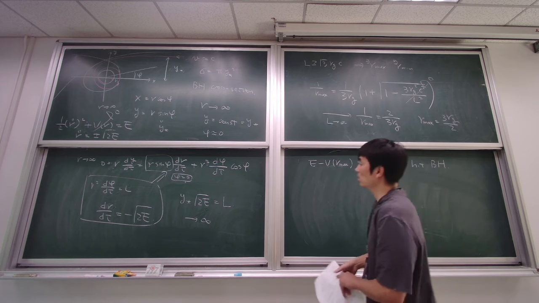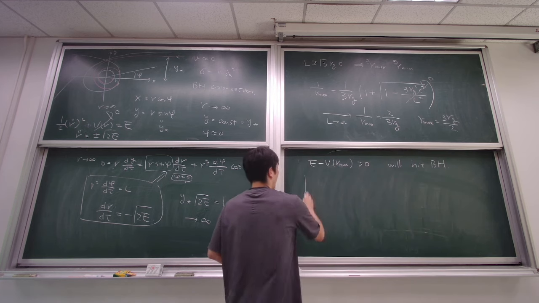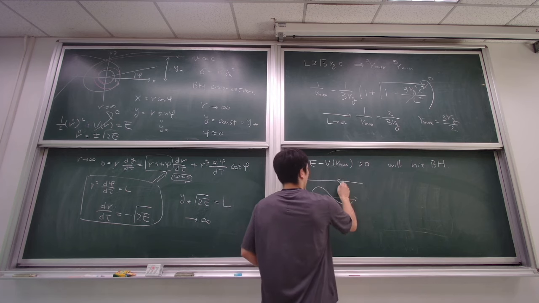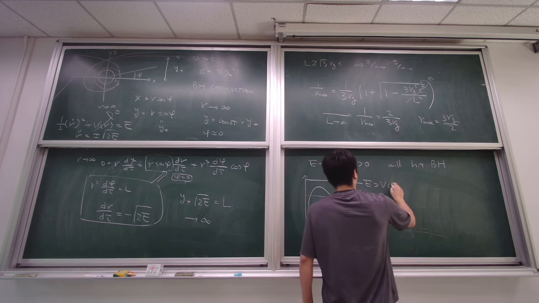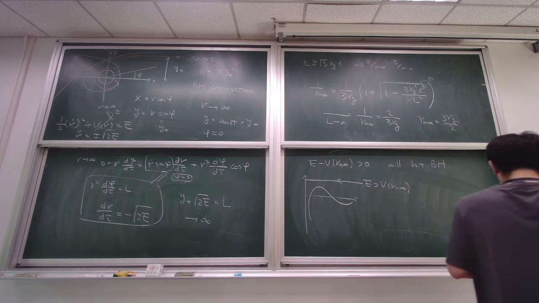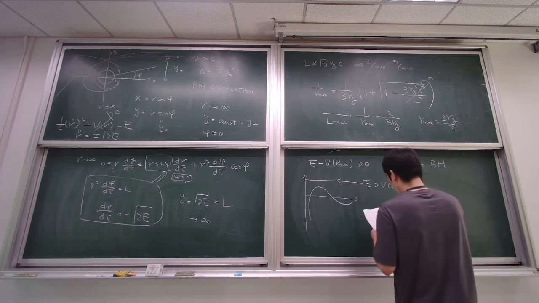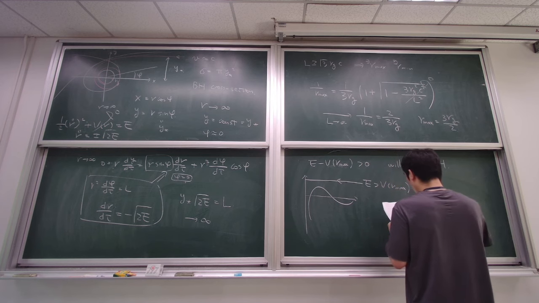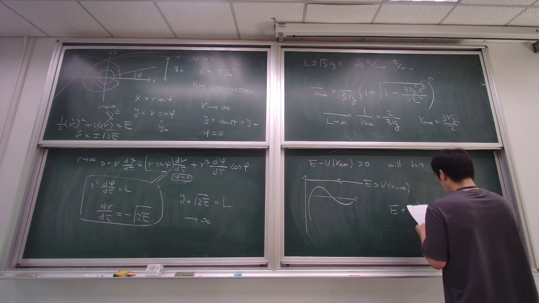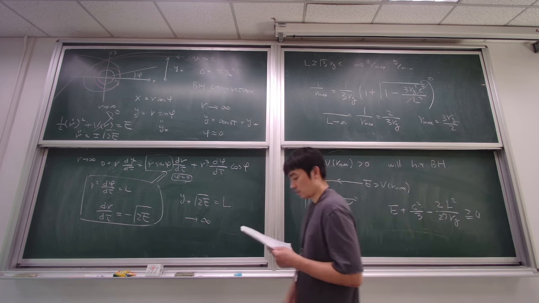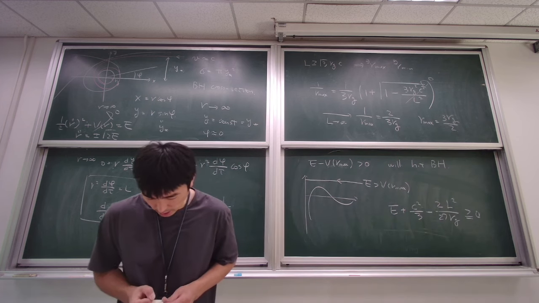As I mentioned, if you have like this one, so this line is E greater than V_R max. And we want to evaluate this one. If you evaluate this one, what you get is E plus c squared over 3 minus 2 over 27 rg L squared is greater than 0. Okay, greater than 0, which can be written as this.